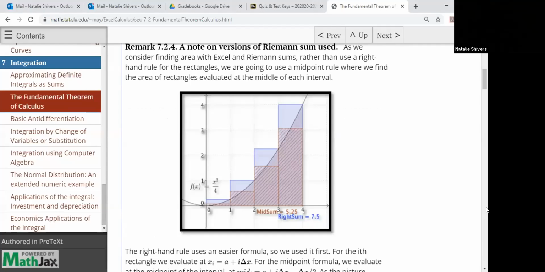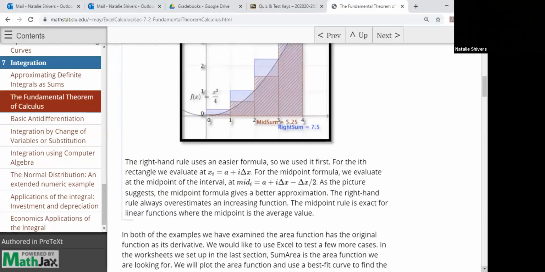Before we were doing the right-hand sums, so we were bringing it from here over to the left. And now we're going to do it from the middle. Okay. So it says for this specific figure, we go from having a 7.5 to a 5.25, which is much more accurate. It's going to change just one thing in our Excel workbook.